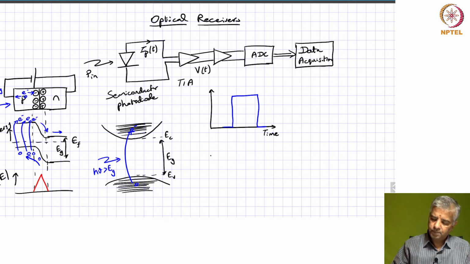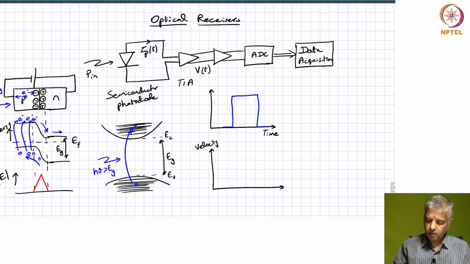When you look at the velocity of these carriers, instead of considering it with respect to time, let's consider it as a function of the electric field that's present across the structure.